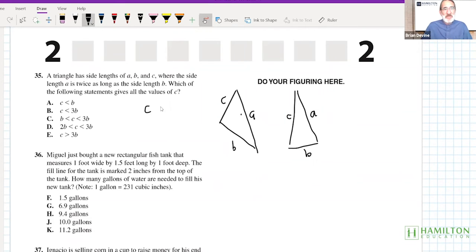So C must be between A plus B, which would be 2B plus B, and it must be greater than 2B minus B, which would just be B. C has to be between the sum of A and B and the difference of A and B. Otherwise, you couldn't form a triangle. And so that points us directly at C. Subbing in 2B for A puts us right on C.